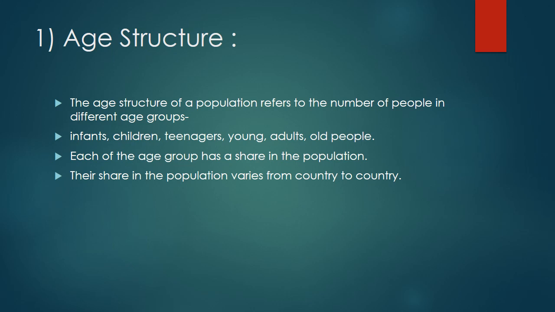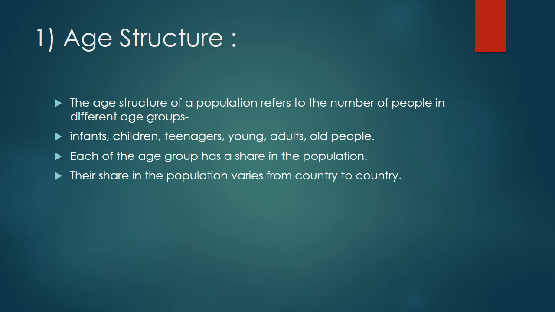So these are all the phases which a particular human being crosses. Infant is an initial stage, child is before the teenage stage, teenage is till 18, then young when you cross 18, and then adults, old people. So all these things are the phases which a human being goes through.